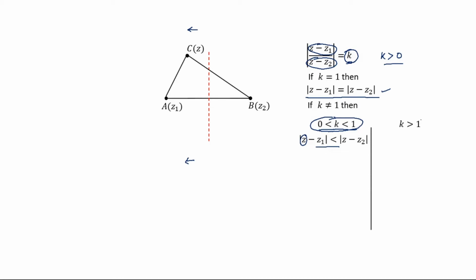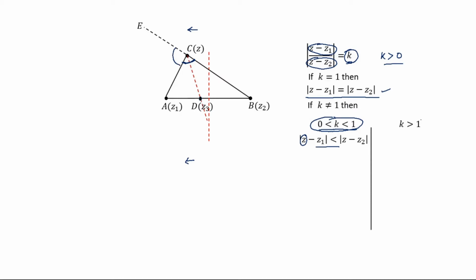Now let us draw the internal angle bisector of angle ACB, which is meeting AB at, say, D, associated with the complex number, say, Z3. Okay. Let us now produce BC to E and the external angle that is formed, that is angle ECA.